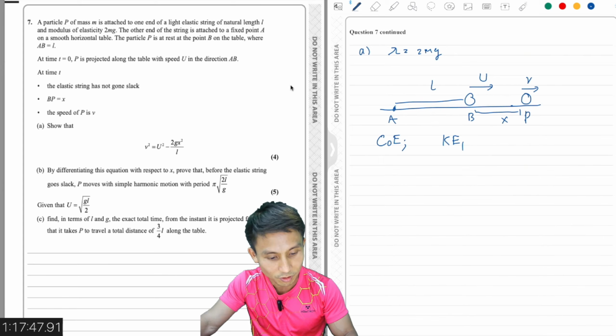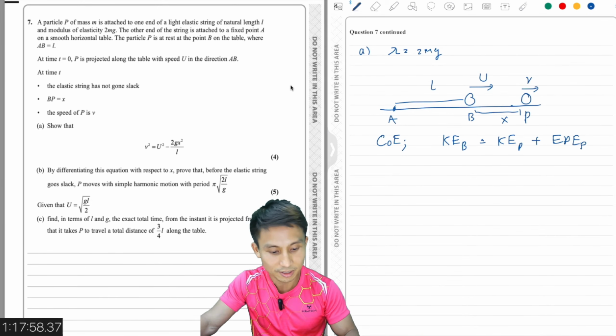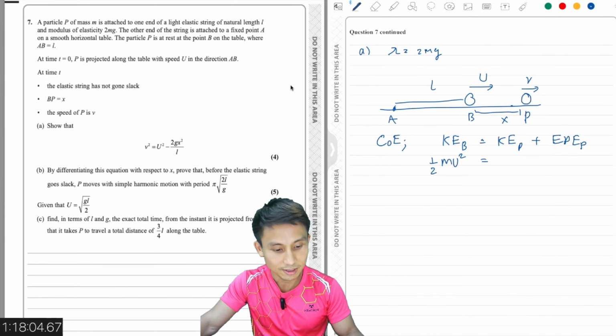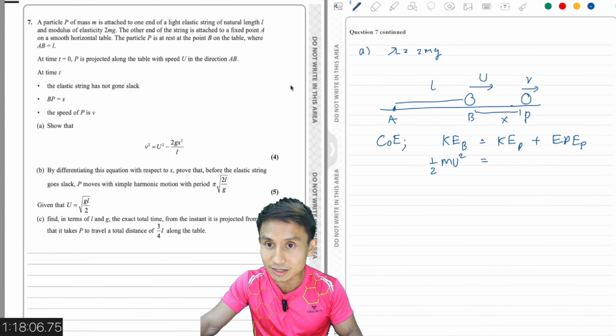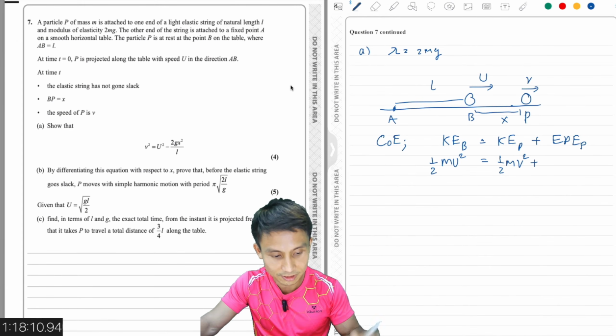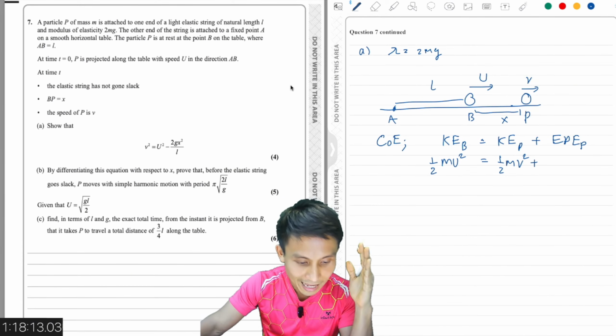So kinetic at point B will be equal to kinetic at point, I'm just going to call this point P, plus some EPE at point P. So kinetic energy half m u squared, because that's the initial speed, equals the remaining kinetic energy, which is V now, half m v squared, plus EPE at point P.